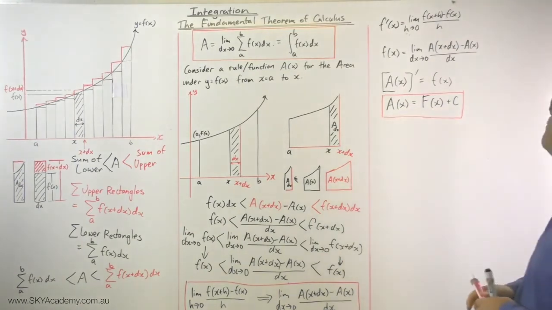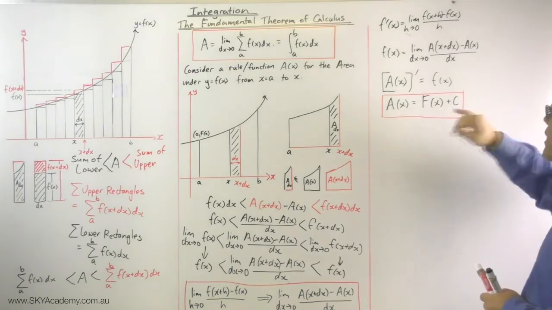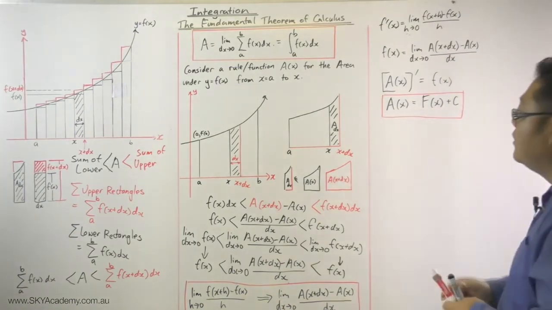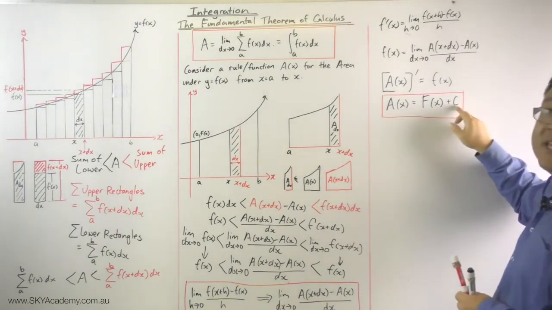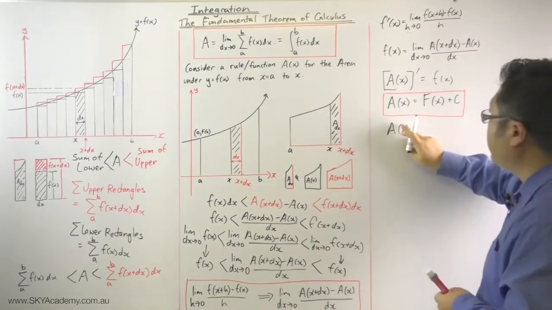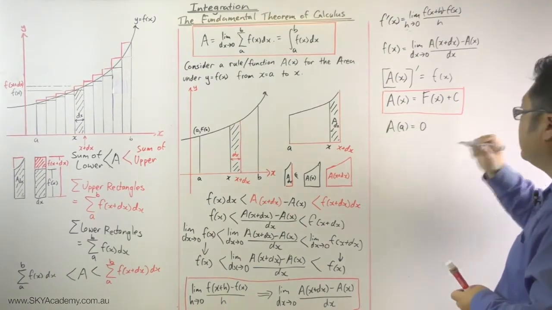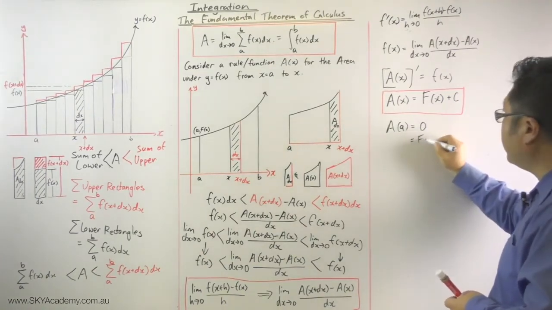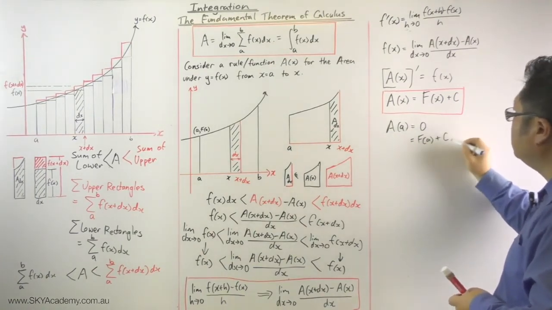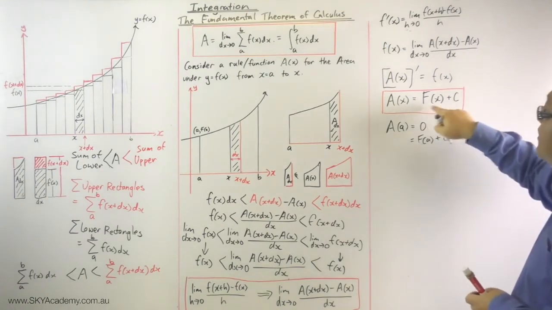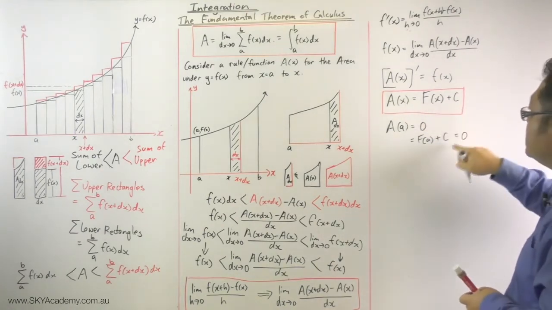Okay, cool. So from here, we've got to work out what your C is, right? So A of A is equal to 0, which means F of A plus C is equal to 0. So basically we're putting F of A plus C equal to 0.